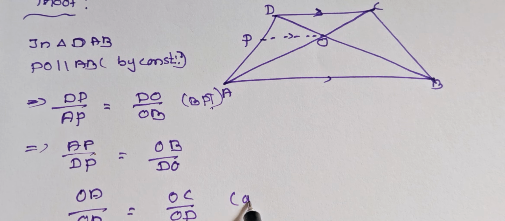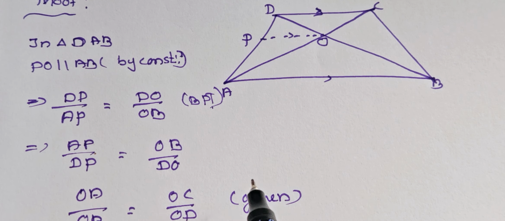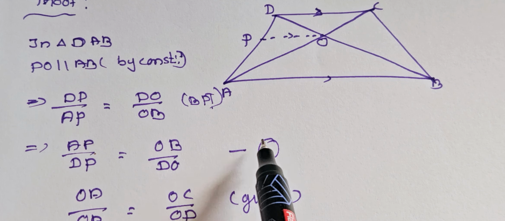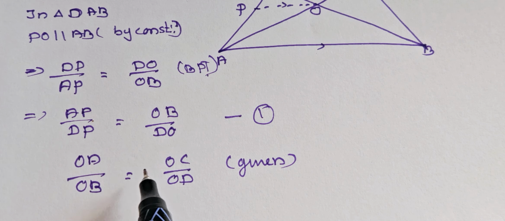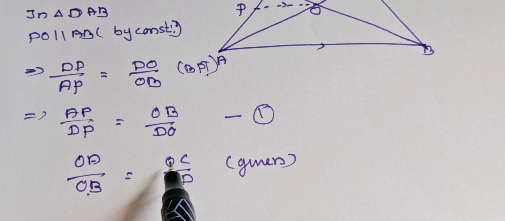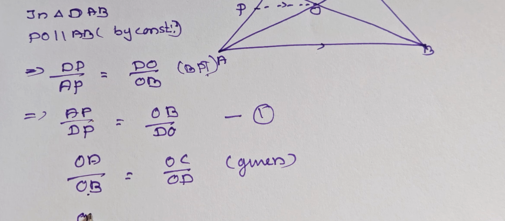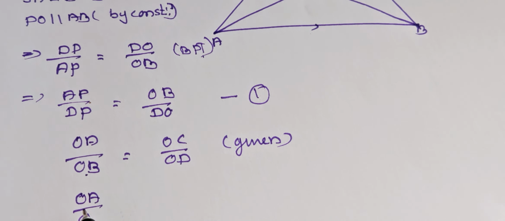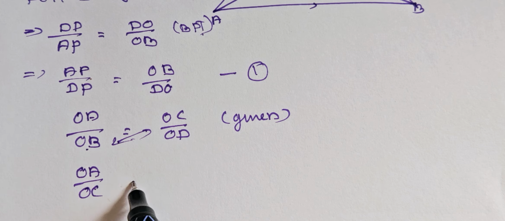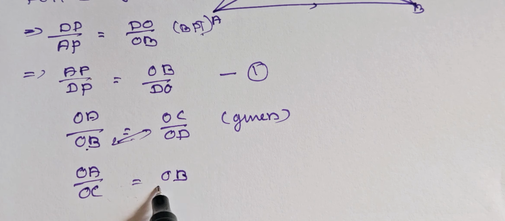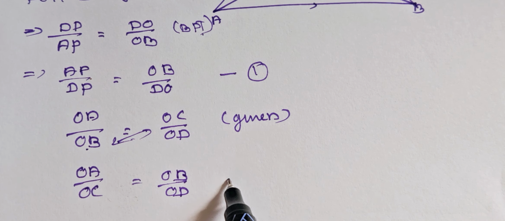Reason, given. Number this one as 1. Now taking OC to LHS and OB to RHS, interchanging the position, we get OA by OC equal to OB by OD. Number this equation as 2.